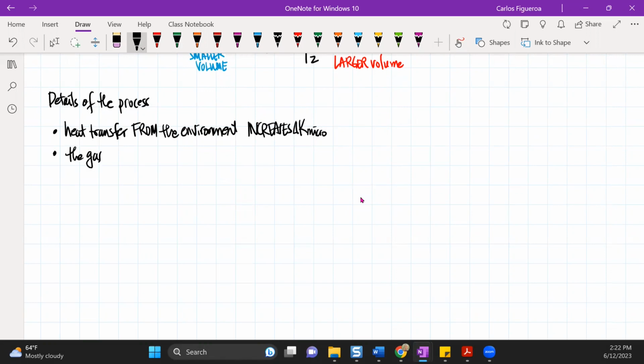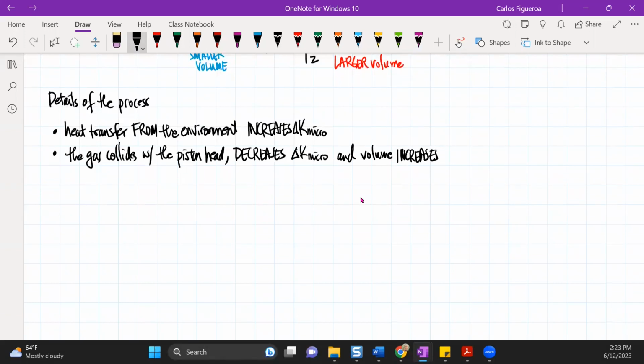The gas collides with the piston head. And when they collide with the piston head, it decreases delta K micro. And as a consequence, the volume increases.